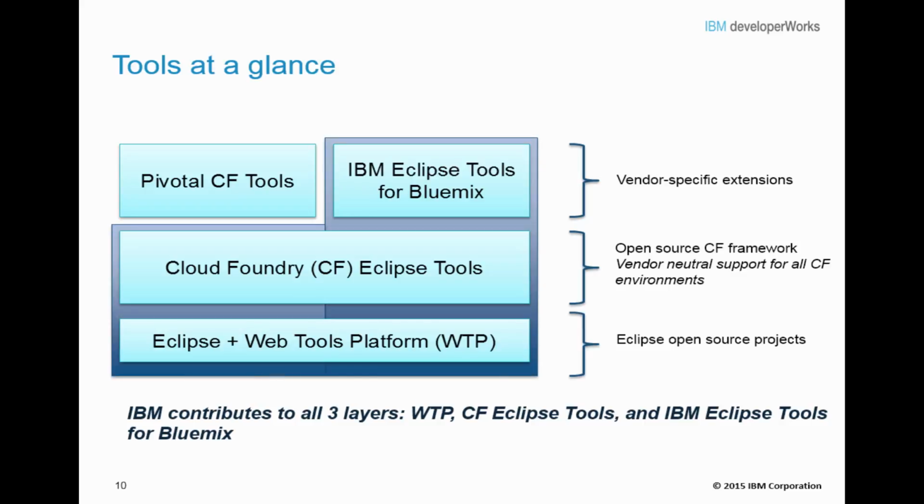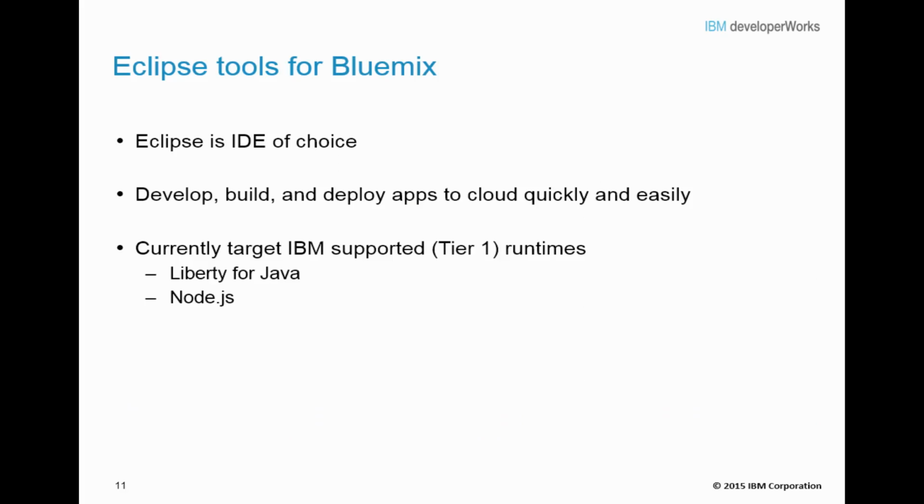As we discussed, IBM Eclipse tools are based on Cloud Foundry Eclipse tools. They allow developers to develop and push applications to the cloud directly from Eclipse IDE, and these tools support the Tier 1 runtimes, namely Liberty for Java and Node.js.